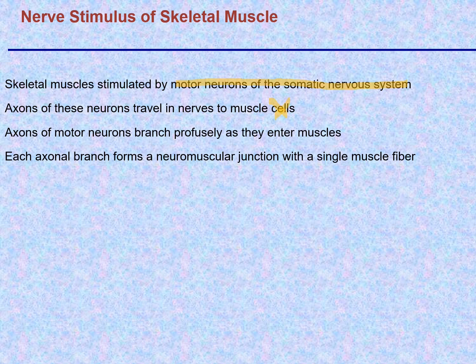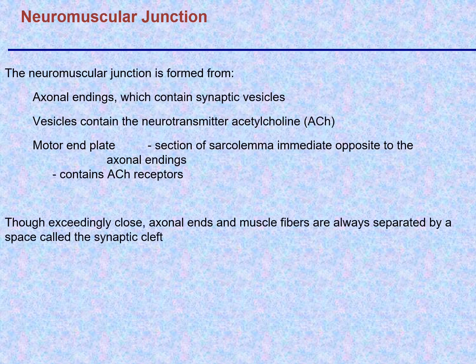The axons of the motor neurons branch widely, profusely as they go into a muscle, and each branch will form a junction with a single muscle fiber. And that junction is called the neuromuscular junction. That's an important term. Excitation contraction coupling is an important concept. The neuromuscular junction is an important term.